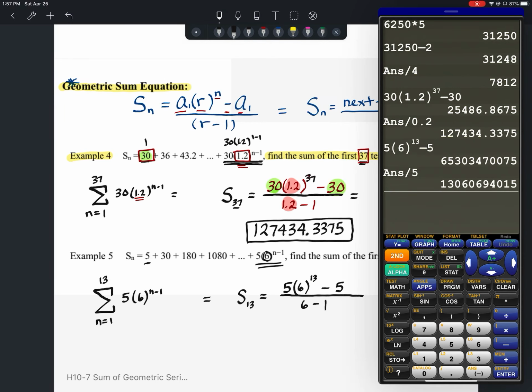We'll figure out the place value in a second. We have 13,060,694,015 as our answer.